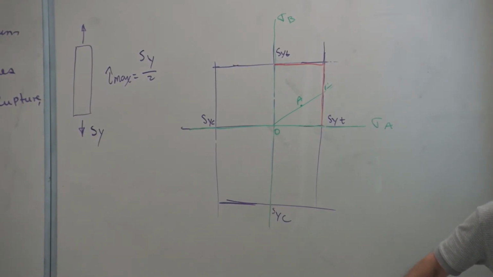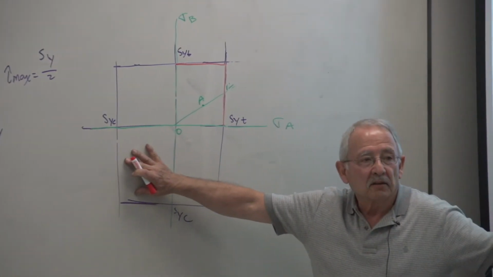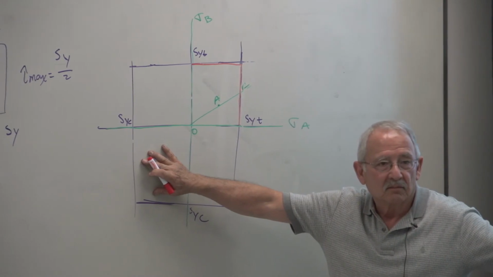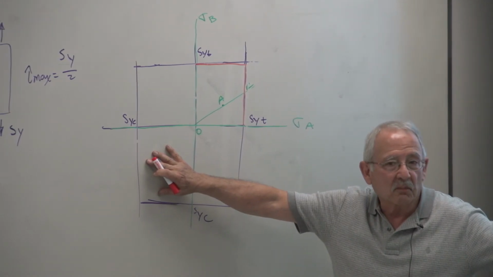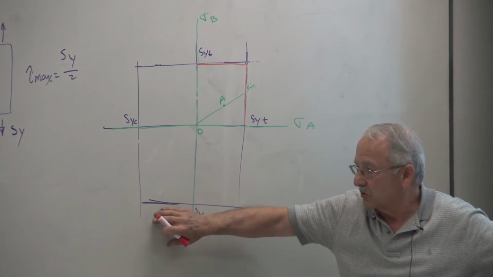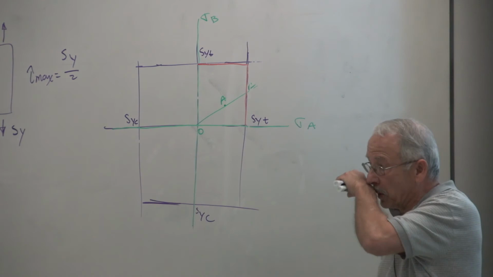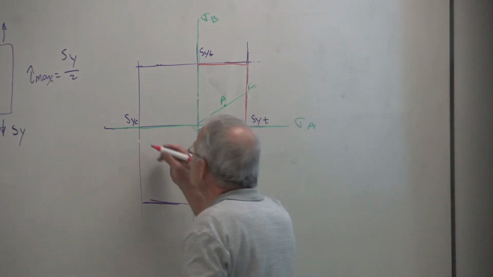Yes? Okay. The same thing is true on this side, where both of them are negative. Then the one that has the larger magnitude reaches the yield strength in compression first, whichever it may be, sigma A or sigma B. So these two remain the same.